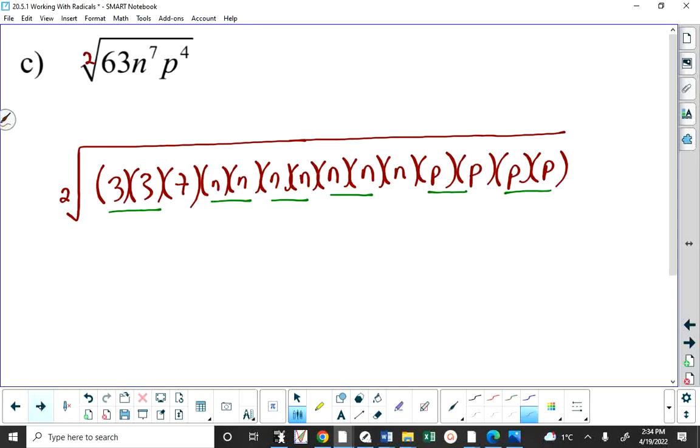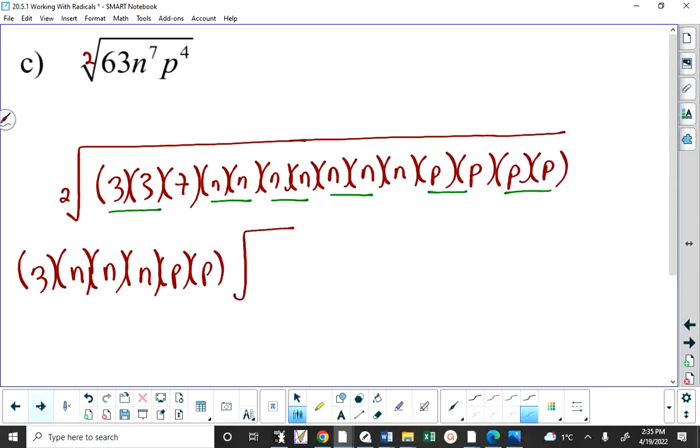So I'm going to have a single 3, a single n for the first pair of n's, a single n for the second pair, a single n for the third pair, a single p, and again, you certainly don't have to write it that way. You could just go right to the answer.